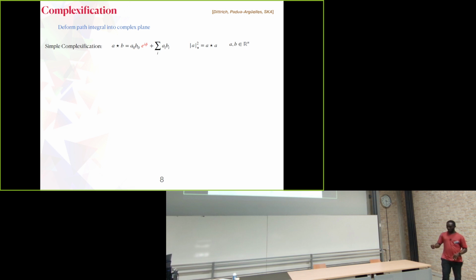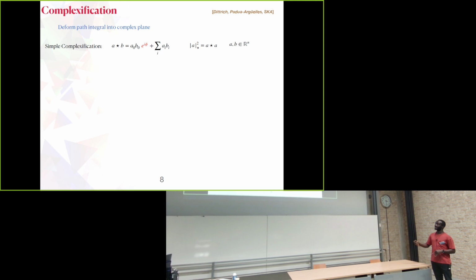Okay, with the path integral in mind, what we want to do here is to define a complexified discrete gravity. To do this, we'll consider a very simple kind of complexification. I define this inner product between 2 vectors, A and B, which are just vectors in Rn.